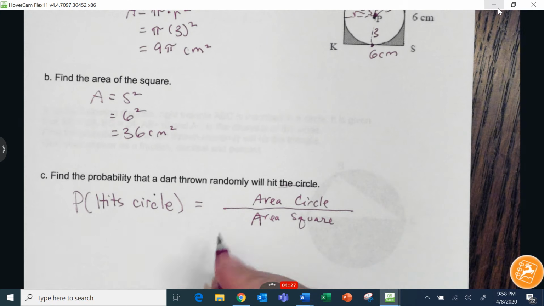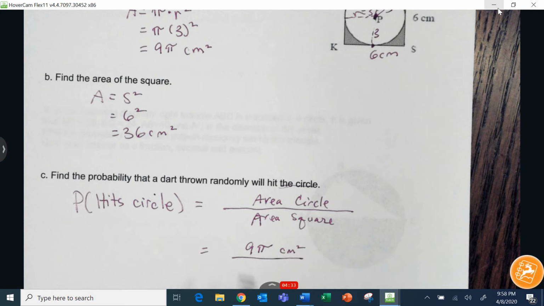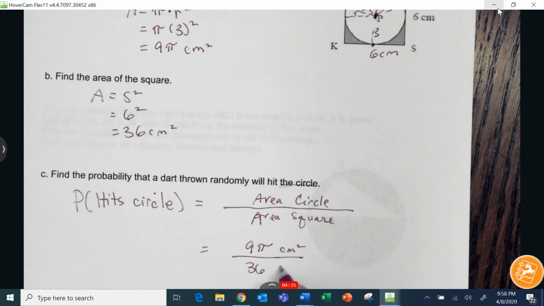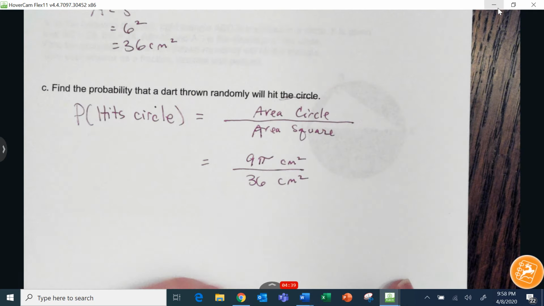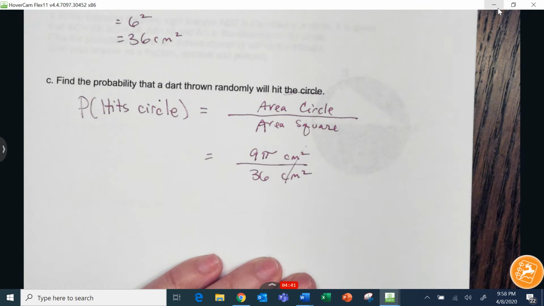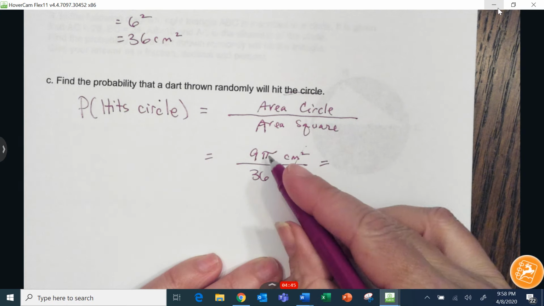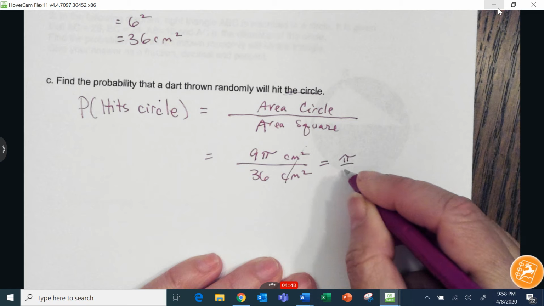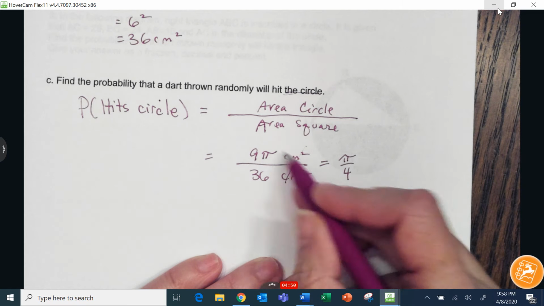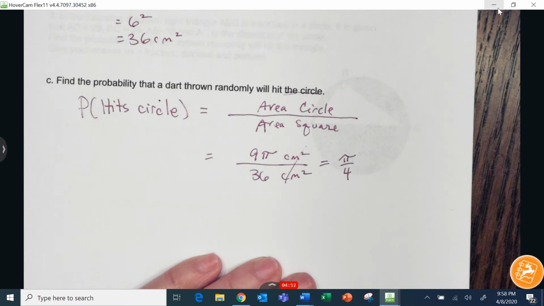So since we know both of those amounts, the area of the circle is 9 pi centimeters squared, and then the area of the square is 36 centimeters squared. This should tell us the probability. Centimeters squared is going to cancel. If you want, the 9 over 36 could cancel as well, but really you can just use your calculator at this point and type it in.